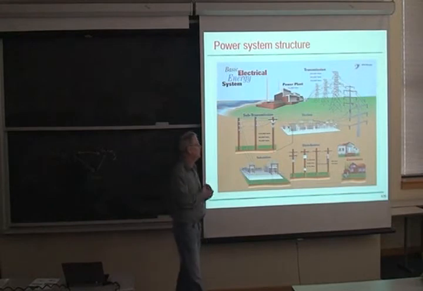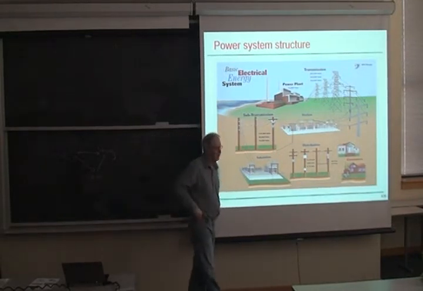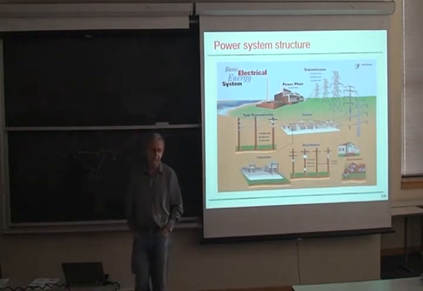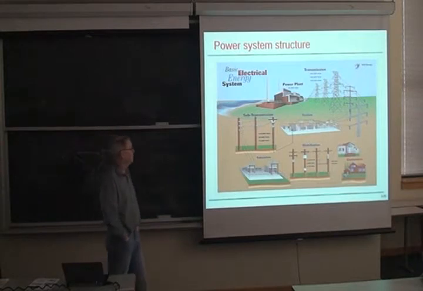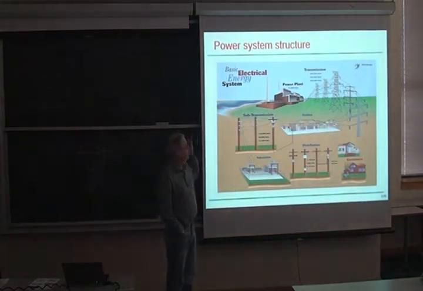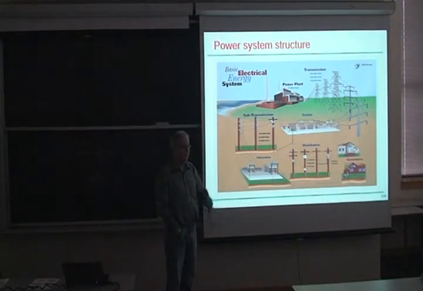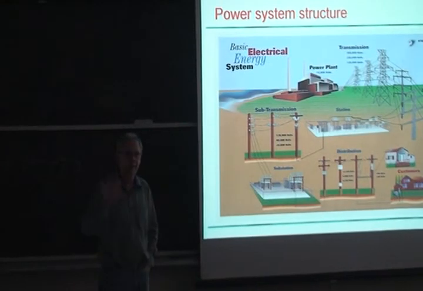So in the traditional form of electricity supply, there are major power plants that produce bulk electricity, typically in the hundreds to thousands of megawatts type capacity. And they then transmit or transport that electricity across the transmission line, which is a high voltage network.